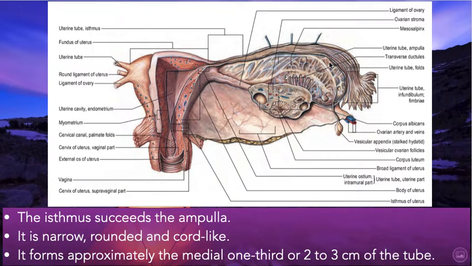The isthmus succeeds the ampulla. Over here, it is narrow and cord-like. This is the uterine tube isthmus. It forms approximately the medial one-third or 2 to 3 centimeter of the tube.